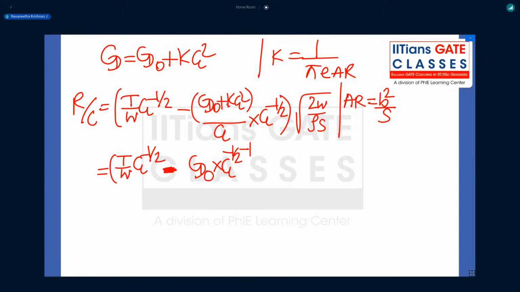Then if I take the minus inside, it will become minus K CL square. Already there is minus 1 by 2, and CL power minus 1 is there because 1 by CL means CL power minus 1, so minus 1 by 2 minus 1, into root of 2W by rho S.